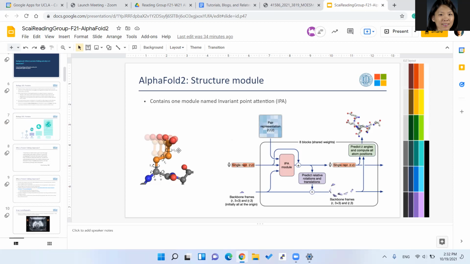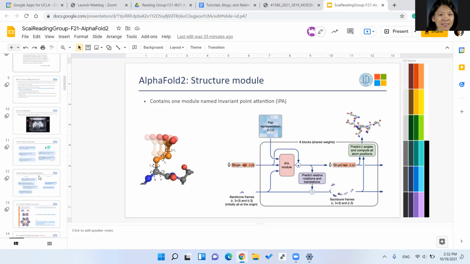They all have the same structure. The only difference is the side chain. So different amino acids have different atoms and different geometry, and that gives them different properties.